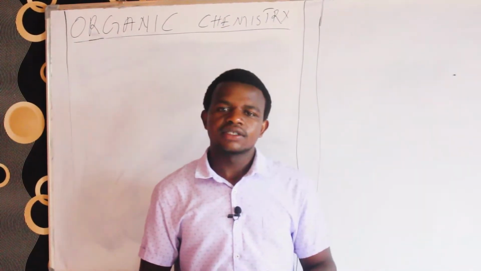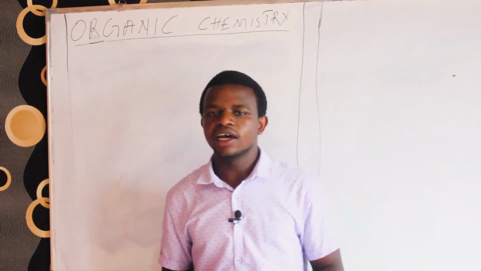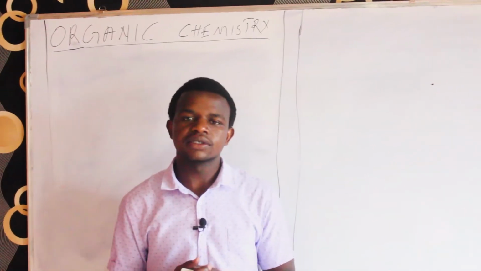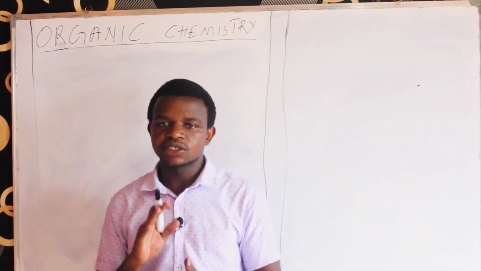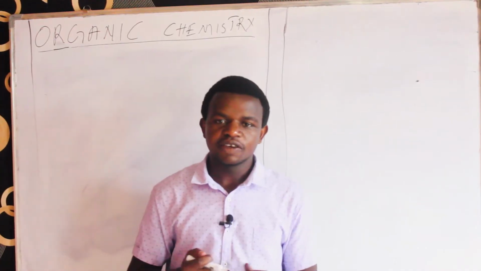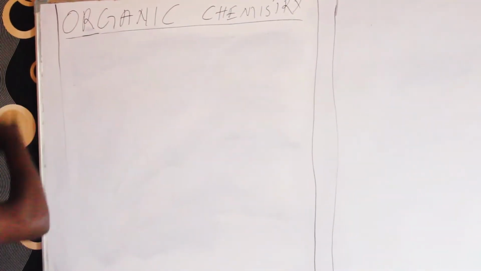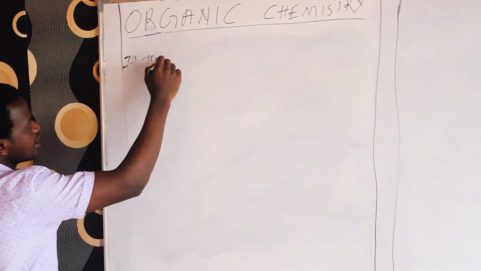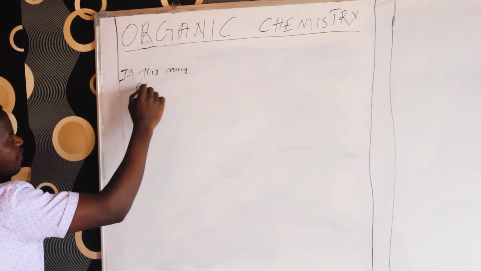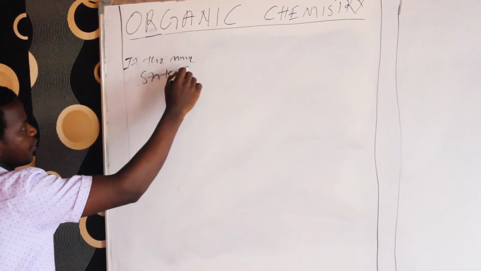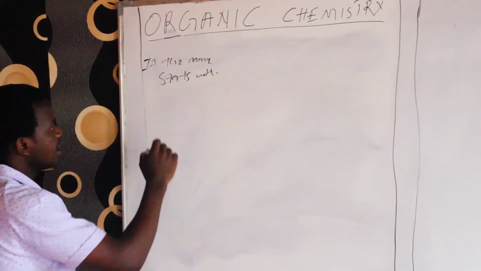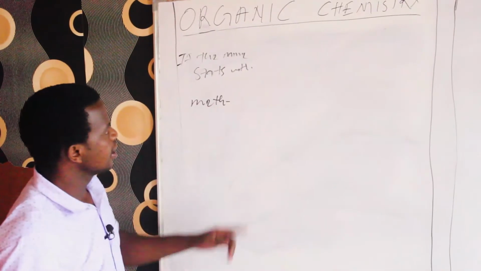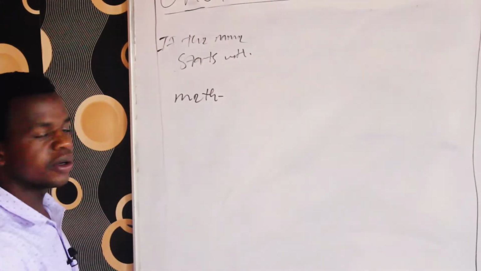Let us now look at how you can identify the number of carbon atoms that are in the name of the organic compound. So I'm going to write: if the name starts with meth, that means it has how many carbon atoms?